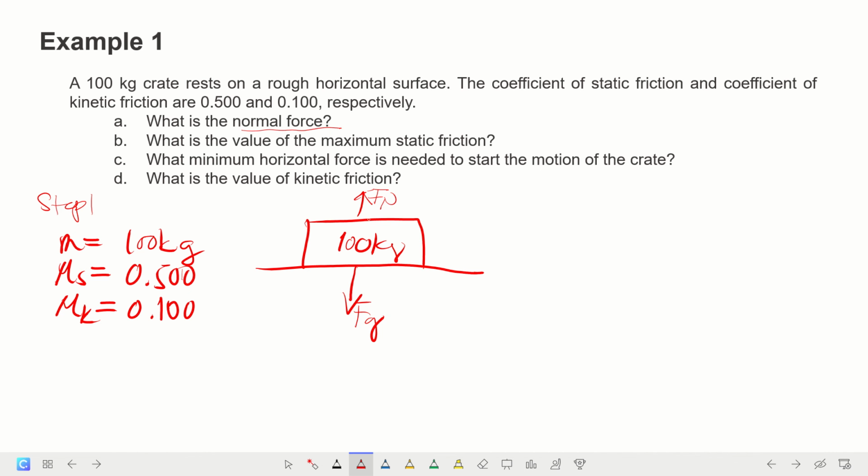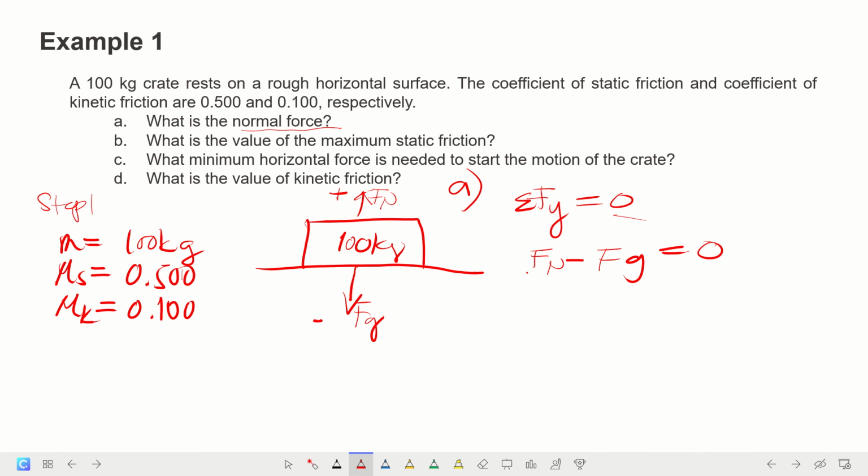Since this is not moving along the y-axis, our summation of forces along the y-axis must be equal to 0. To look for the summation of forces, we assume the upward force to be positive and the downward force to be negative. So, Fn minus Fg, for letter A, is equal to 0.